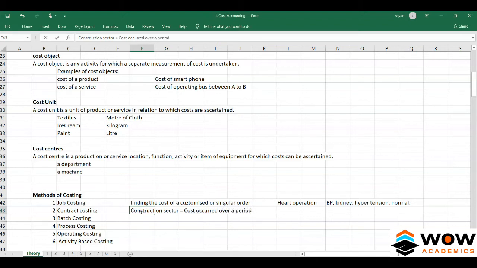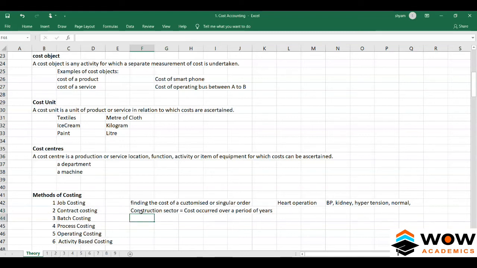When you construct a building, it's not that within a year you will finish it. It's going to take a long time, 2 years, 3 years, like that. So the cost is going to be incurred over a period of years. How are you going to take that into consideration? How are you going to cost a building?